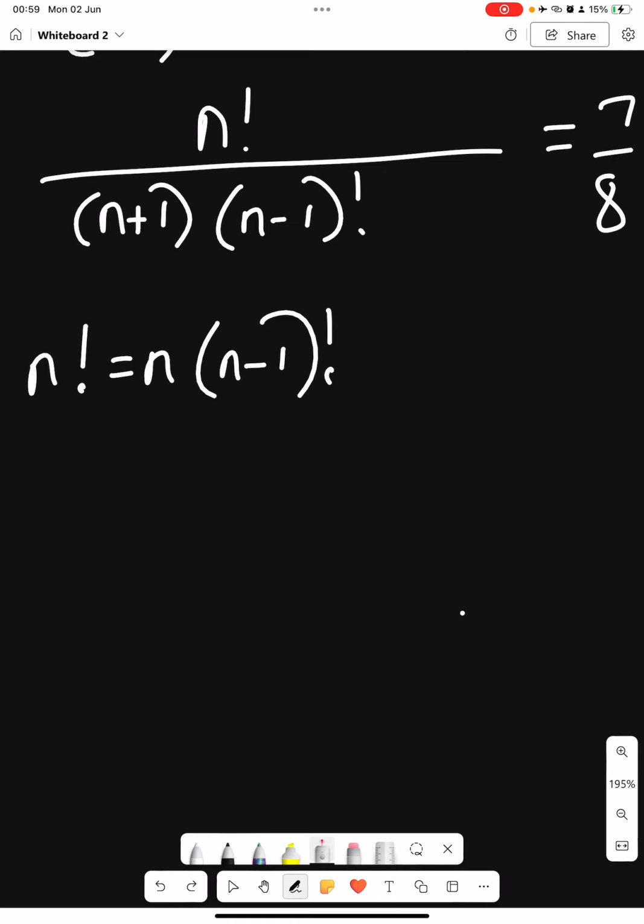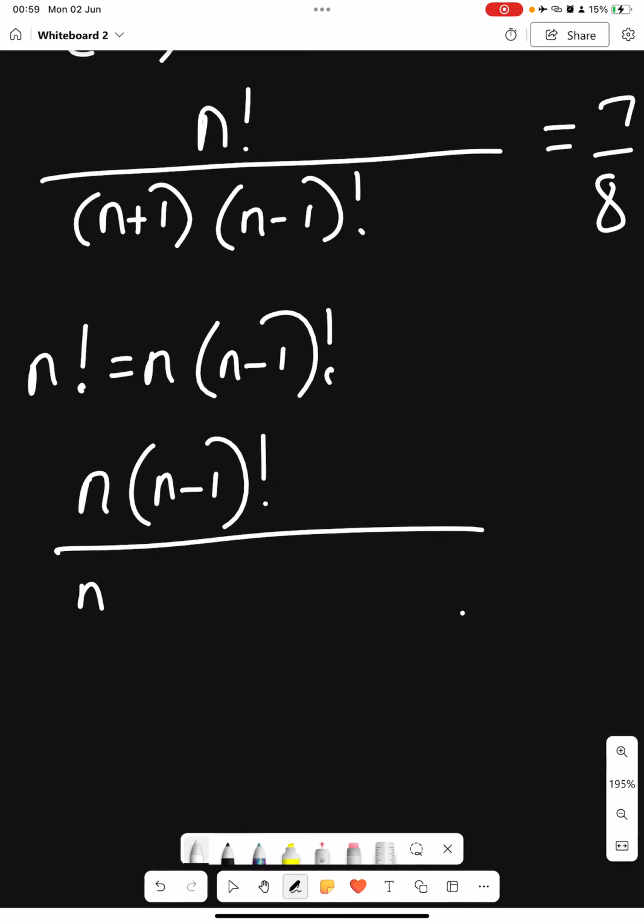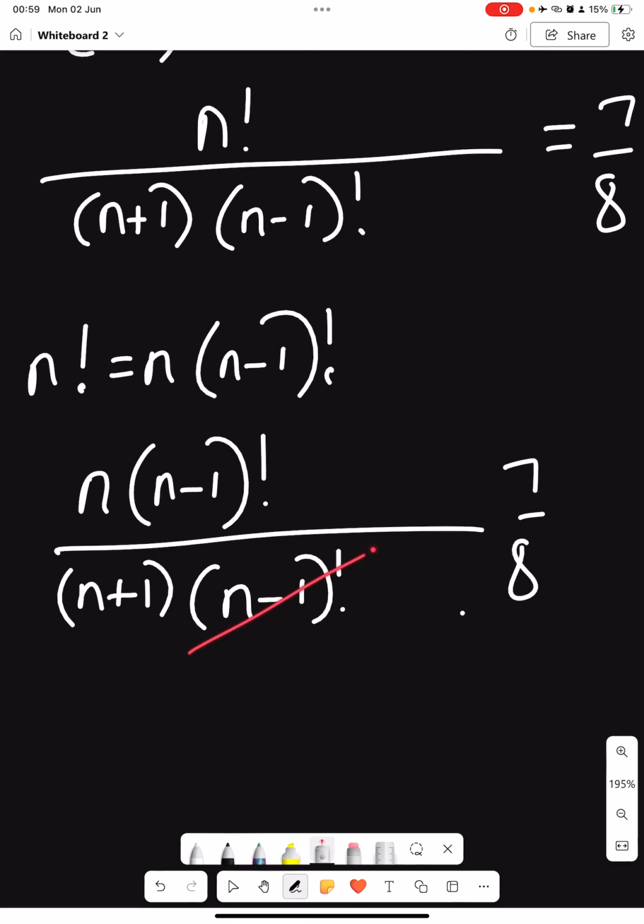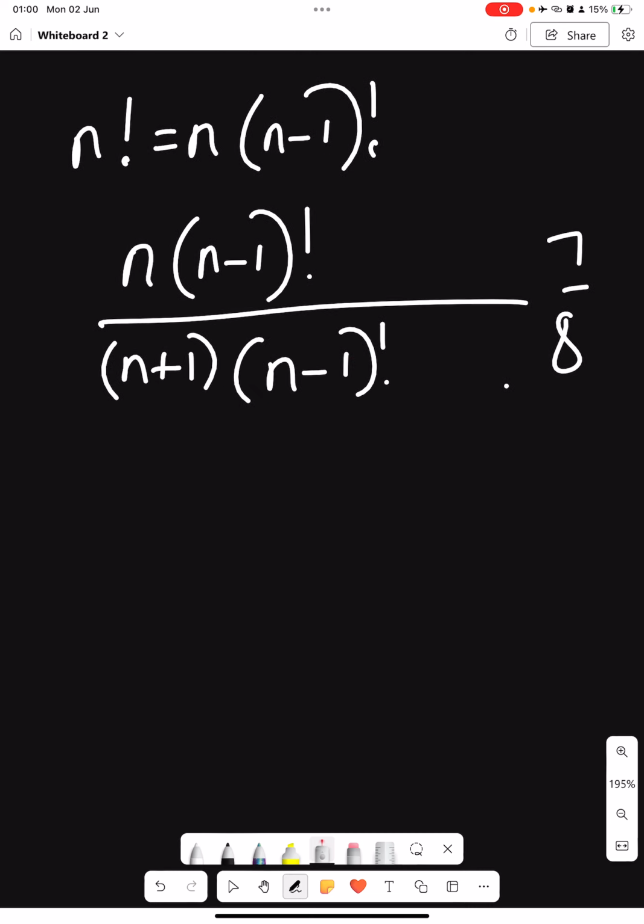So now the numerator is going to become n, and then n minus 1 factorial all over n plus 1, then n minus 1 factorial. Then here we're going to have 7 over 8. And we can also see that this and that are going to cancel because they're exactly the same. So we're left with n over n plus 1 equals 7 over 8.